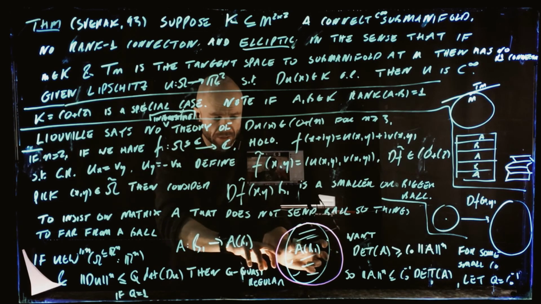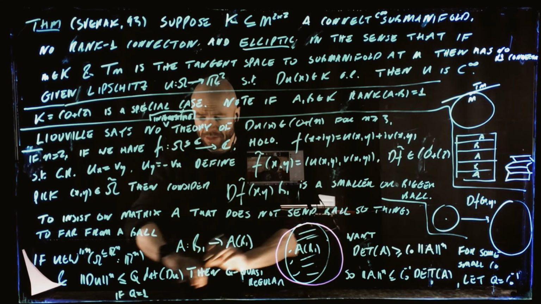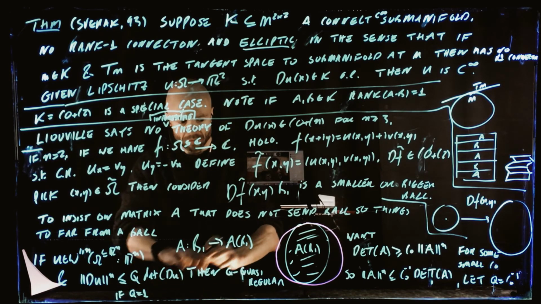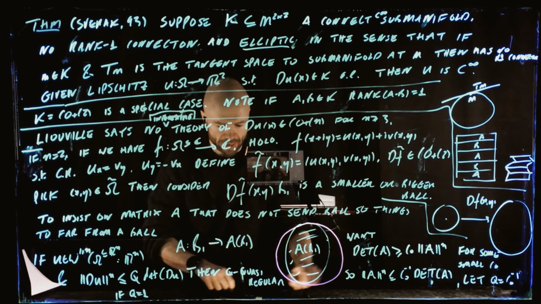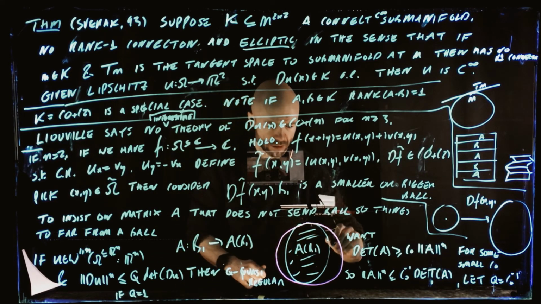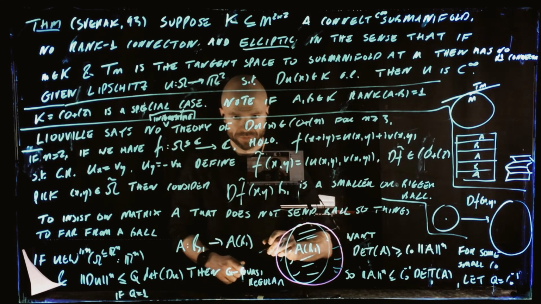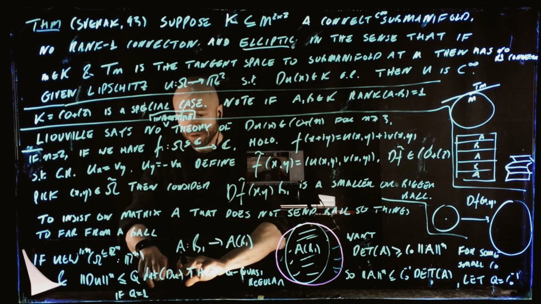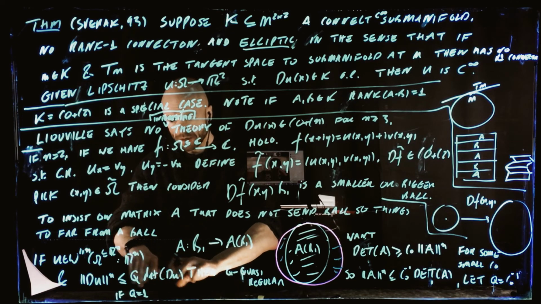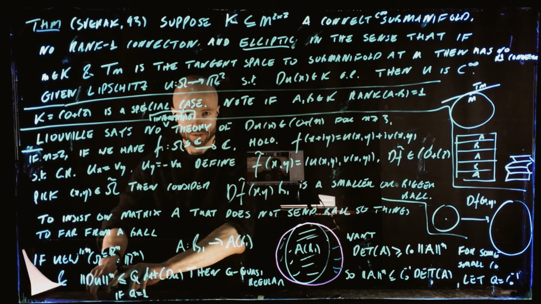Because look, this thing is always an inequality, right? But if q equals 1, then we cannot have these bits here that are left behind, right? We can't have these excess parts here if q equals 1, right? Because if we had these excess parts, then the determinant would be strictly smaller than this thing. Yeah? The determinant would be strictly smaller than this thing. Do you see what I mean?